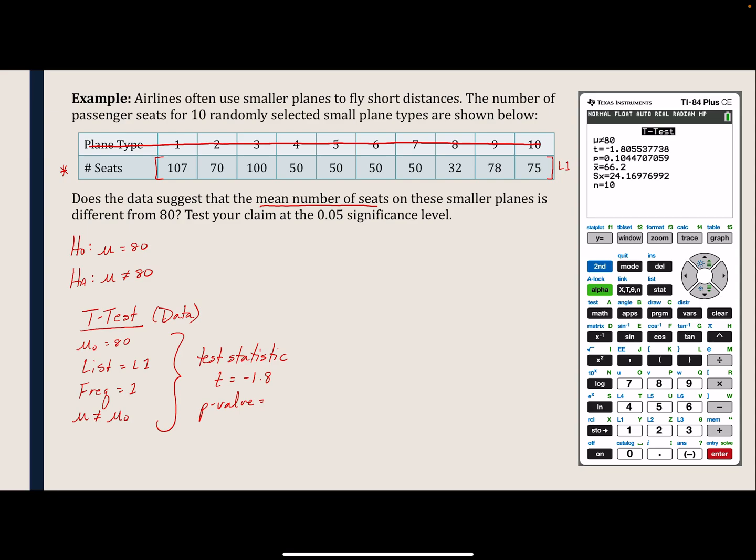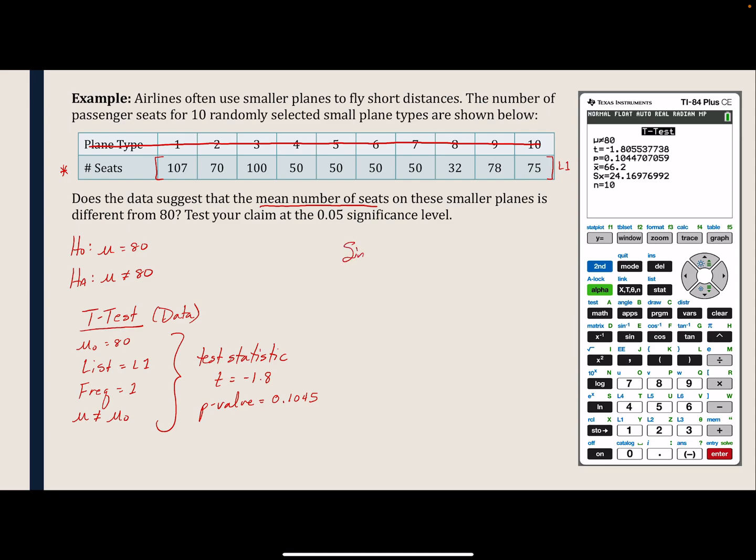And remember that when we have a really small sample size, we are more likely to have more natural variation. So even though the t-score is close to 2 standard deviations below the mean, because the sample size is so small, we still get a probability that's pretty high, 0.1045. So 10.45% is our probability. And that's not below our significance level.